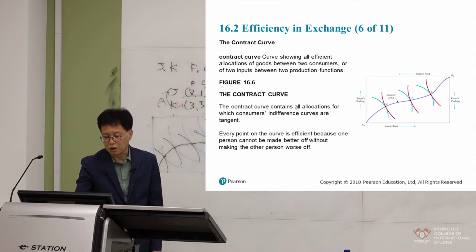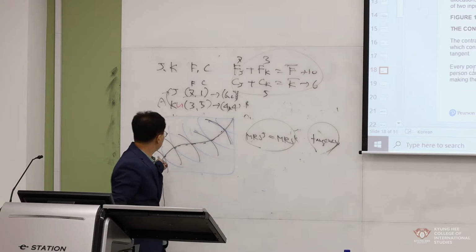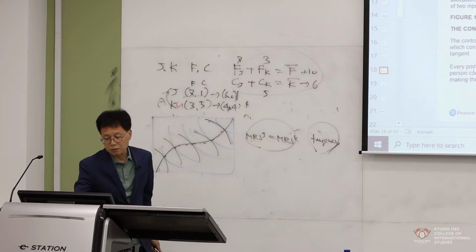Every point on the curve is efficient because one person cannot be made better off without making the other person worse off. Every point on this contract curve is like that.